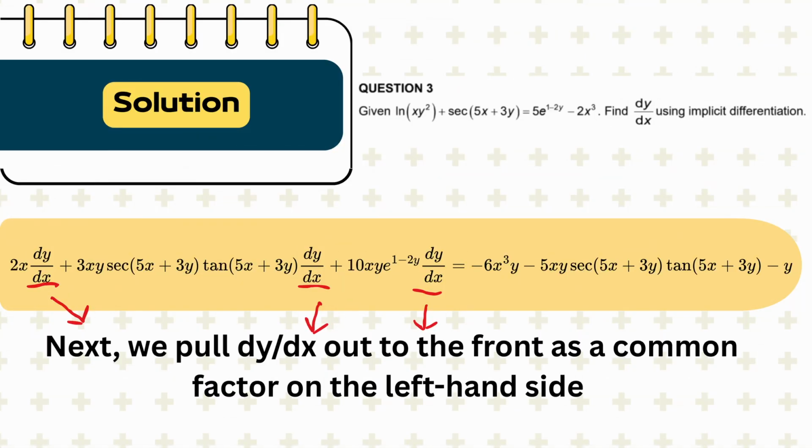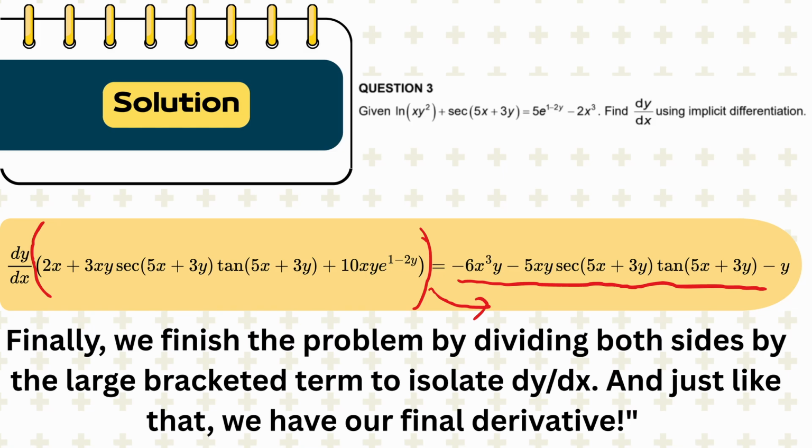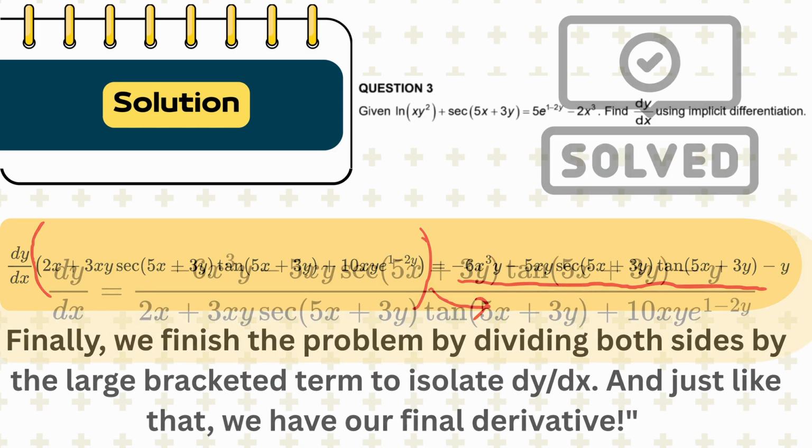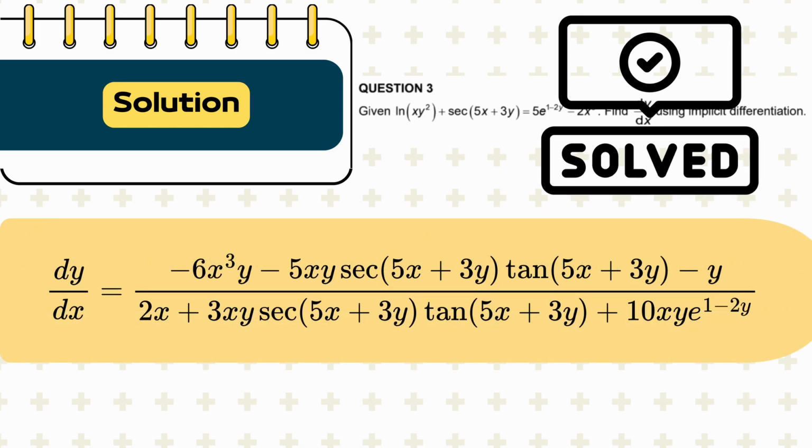Next, we factor out dy/dx as a common factor from the left side, grouping everything else inside one large bracket. And that's it. By dividing by the large bracket, we get dy/dx completely by itself to find our final answer.